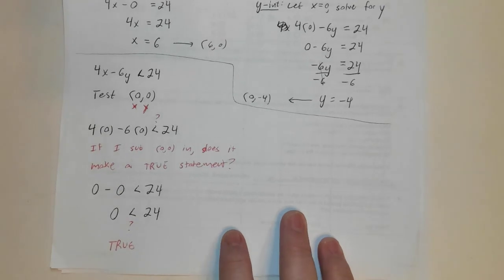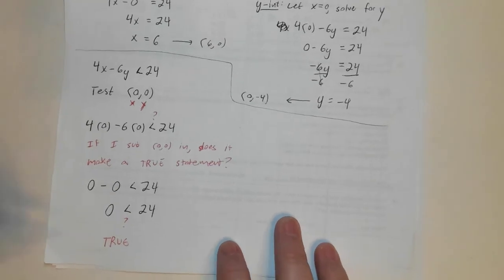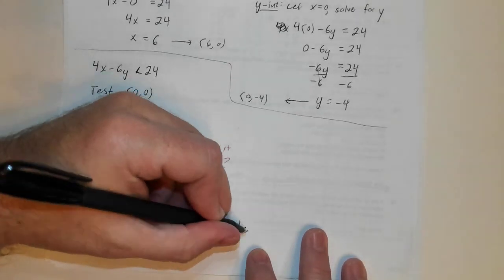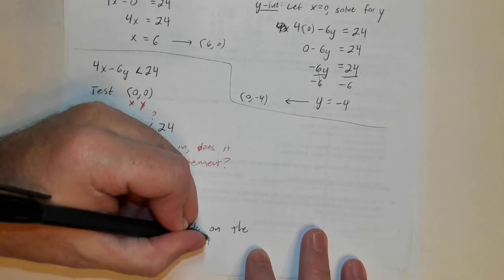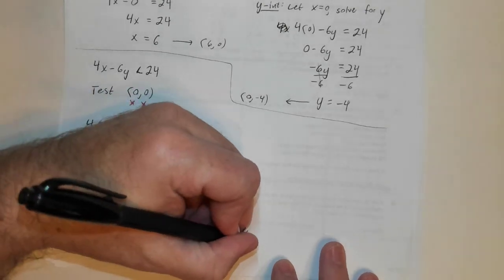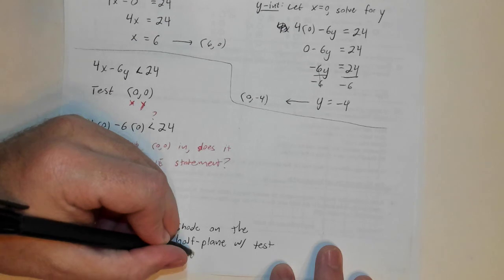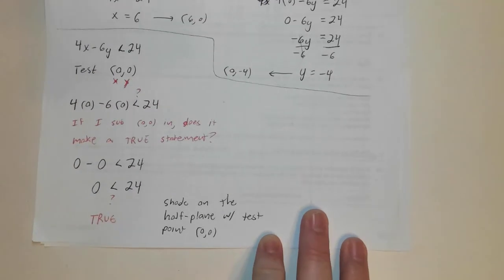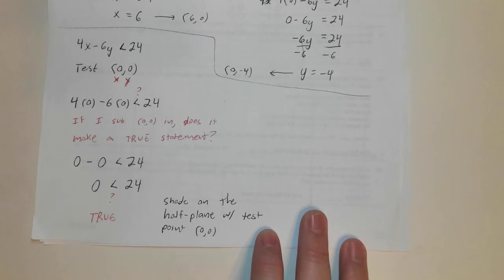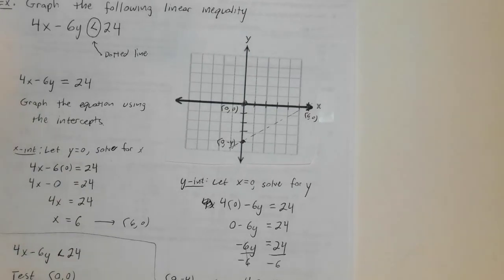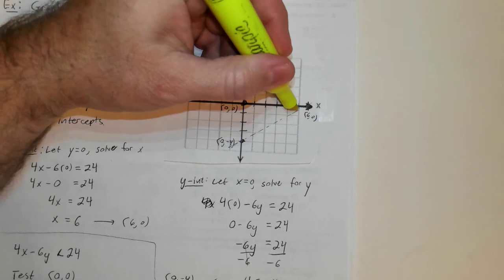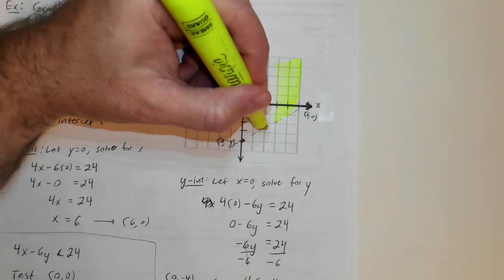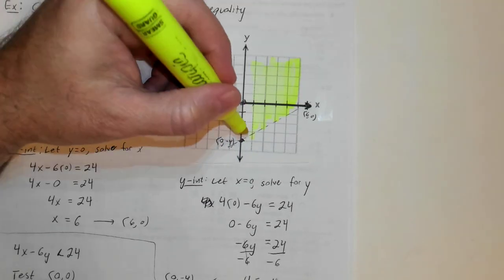So what that means is we're going to shade the half plane with the test point 0, 0. That's what we're going to do. I sketched 0, 0. There it is. I'm just going to shade in. Now, on your math lab, you have a paintbrush feature.